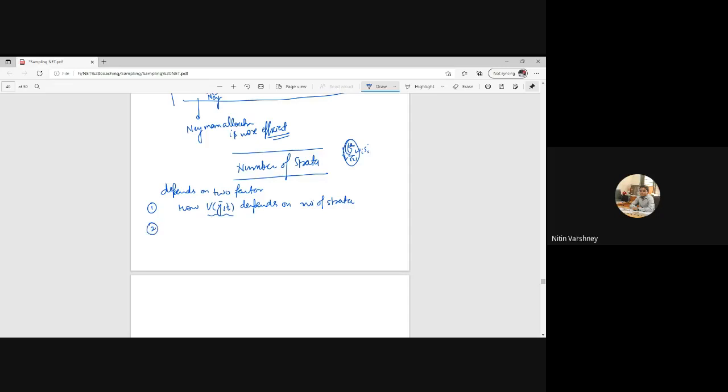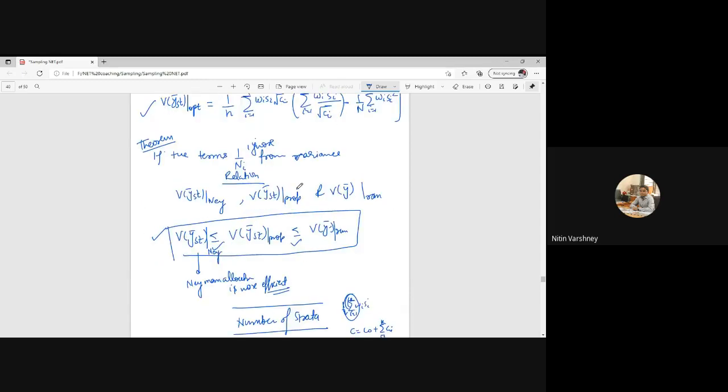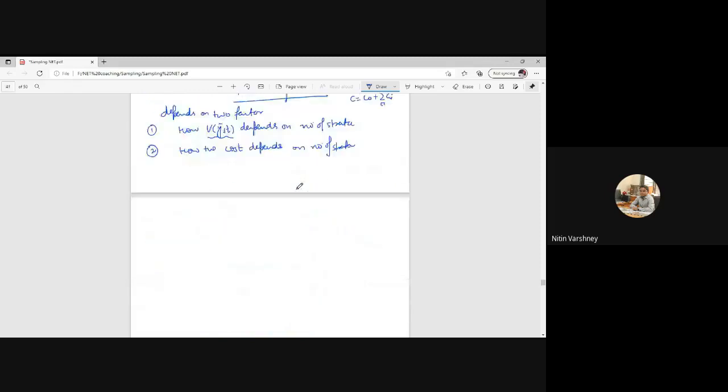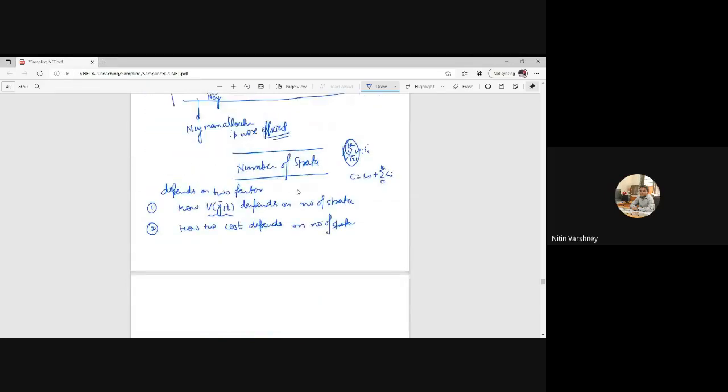The second factor is how the cost depends on the number of strata. If we see the cost function, c is equal to c0 plus the summation from i equals 1 to k of ci ni.